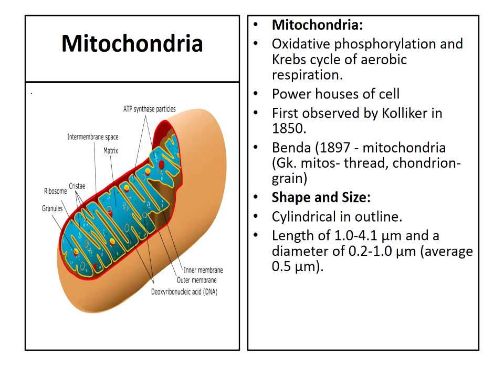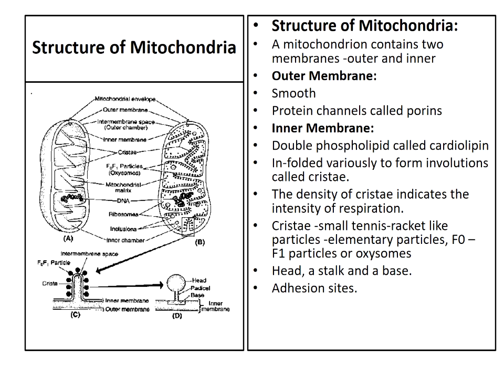So in detail, let us know the structure of mitochondria. In this diagram, we might observe the presence of two membranes, that is the outer membrane and also the inner membrane. The outer membrane is smooth and it is permeable to a number of metabolites.